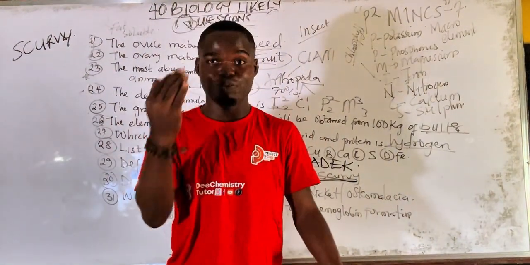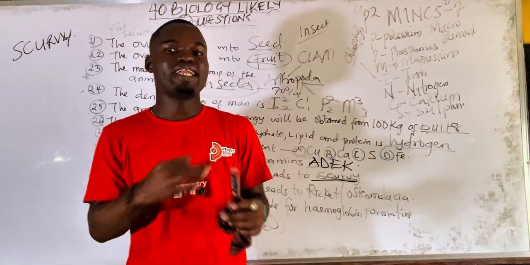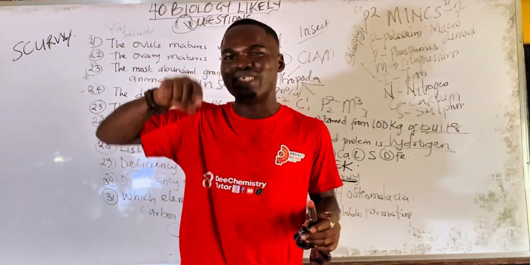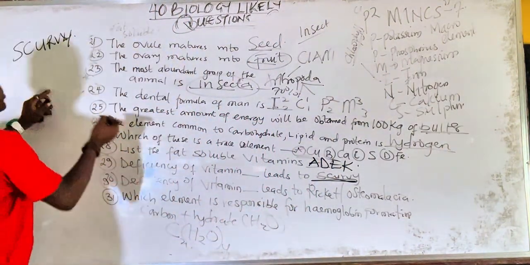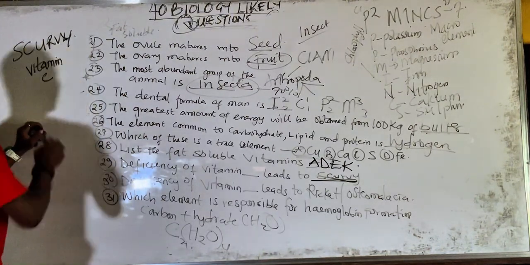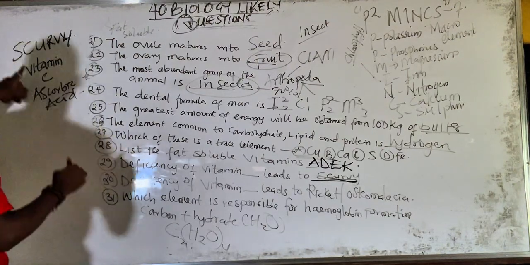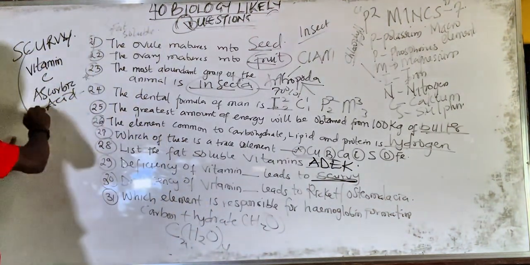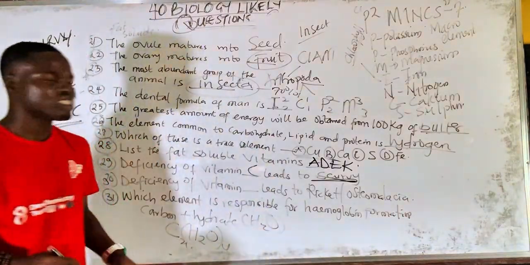You see it in the oral cavity, where the gum is loosened and the teeth are loosened because the connective tissues are deficient of vitamin C. Another name for vitamin C is ascorbic acid. I used to think that since it is scurvy, C, it's deficiency of vitamin C that leads to scurvy.